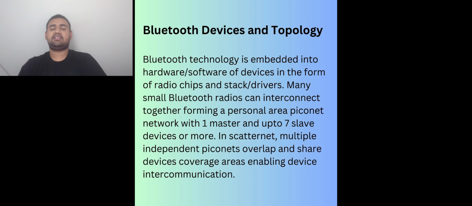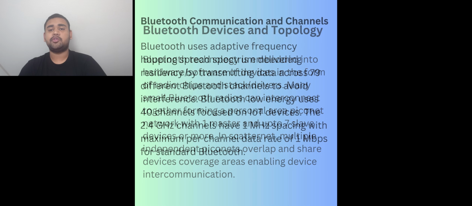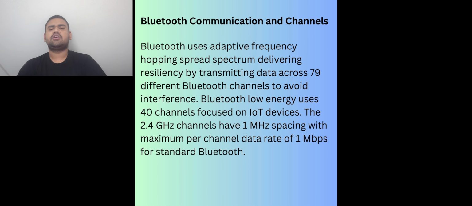Moving on, let's discuss the systems of Bluetooth's communication and channels. Bluetooth harnesses a sophisticated adaptive frequency hopping spread spectrum approach, switching rapidly across 79 channels, avoiding interference and enhancing reliability. It uses 40 dedicated channels to minimize power needs down to a few milliwatts, around 1 milliwatt in modern days.